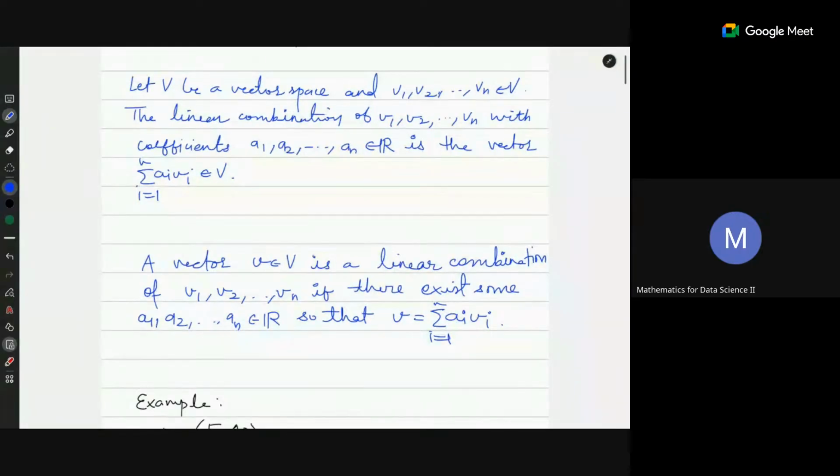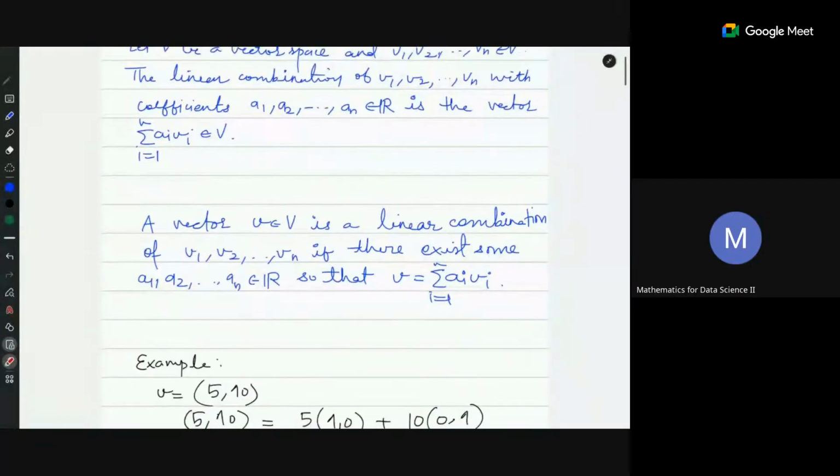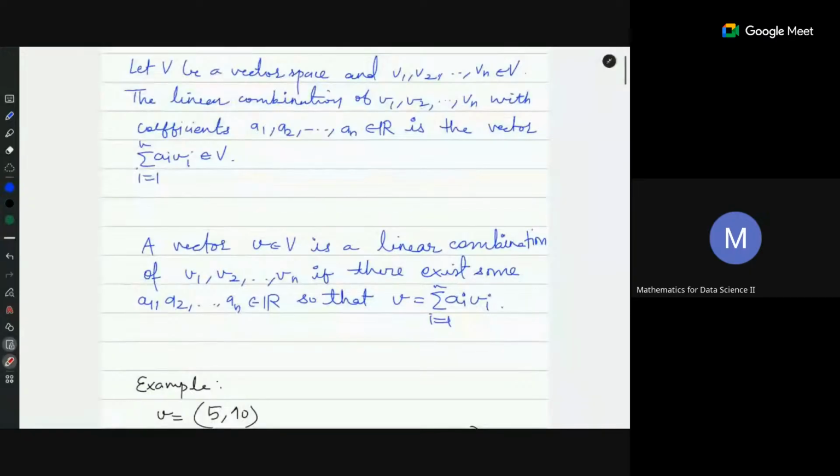The linear combination of these vectors with coefficients A1 up to An, which are real numbers, is going to be another vector. This is how you denote that. This is what is called the linear combination of a collection of vectors.